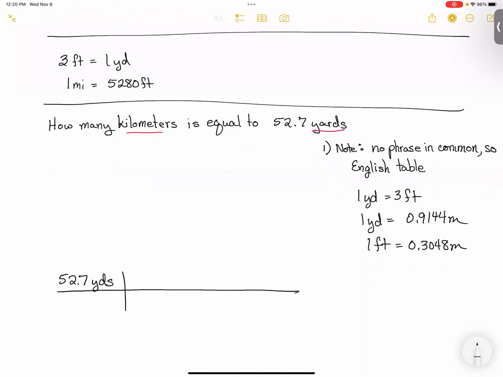It doesn't matter. I'm going to find a conversion factor that has yards in it. And I do have one that I actually wrote down, and that's 1 yard is equal to 0.9144 meters. I needed a conversion factor that had yards in it because I need to get rid of yards.